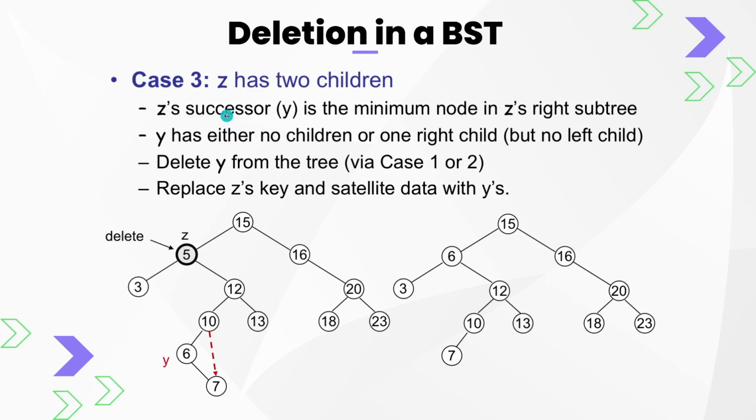The third case for doing deletion operation is deletion of a node that has two children. Here we have to handle this case a little bit carefully. If we are going to delete a node z that has two children, then we are going to find a minimum node, a node with the least value along the right subtree, because we are going to put it in place of this node.